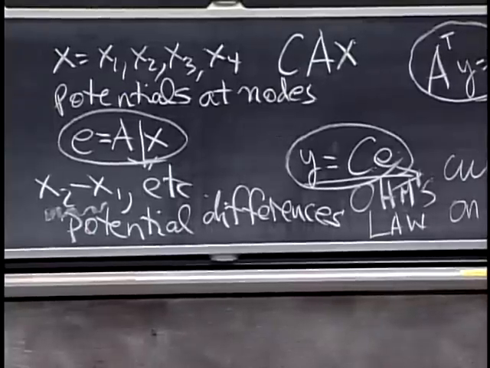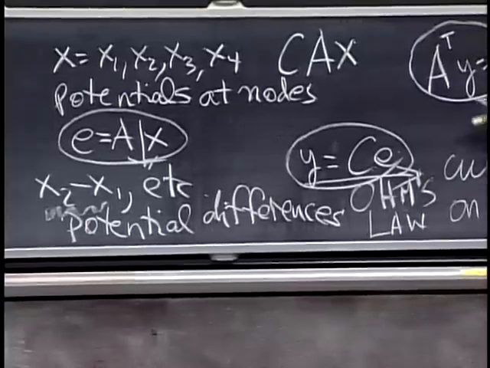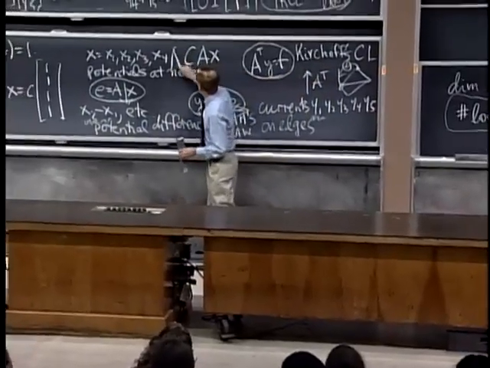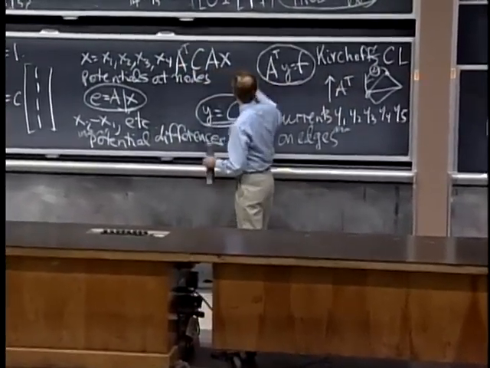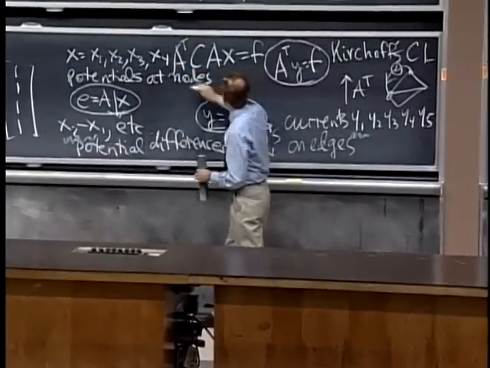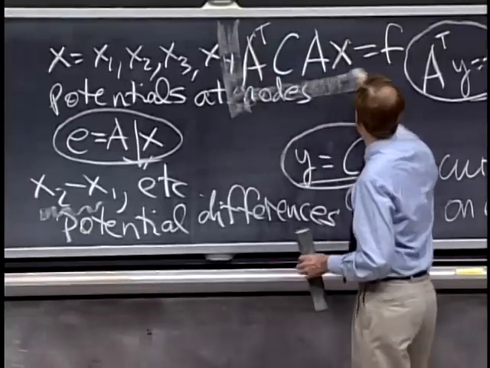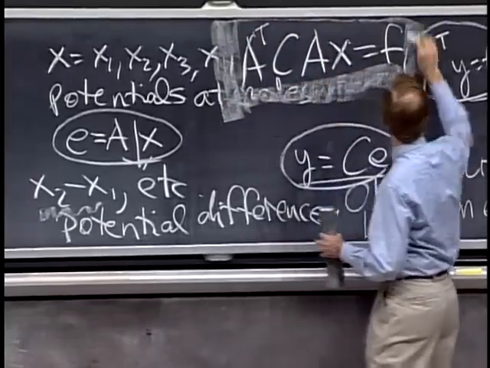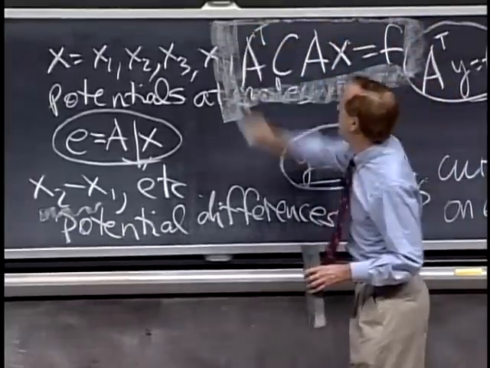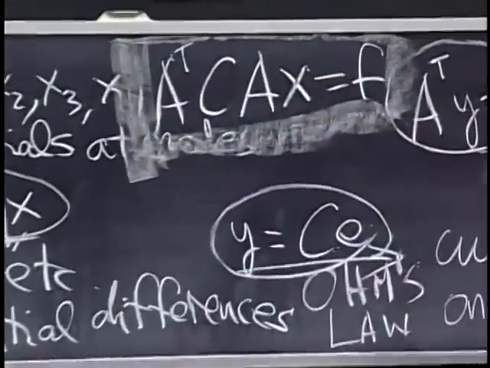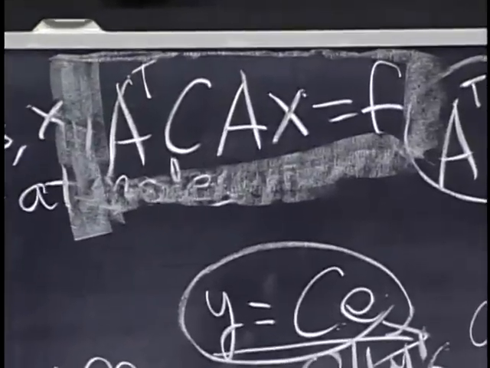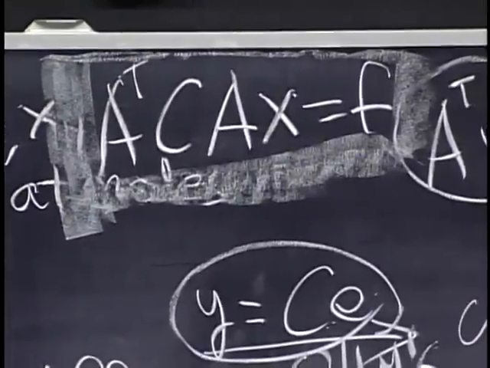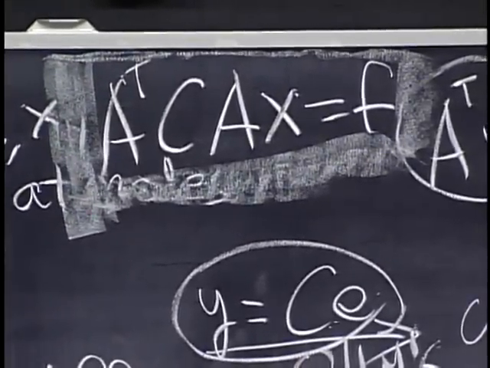Now I have Y. I multiply Y by A transpose. And now I have F. So there's the whole thing. There's the basic equation of applied math, coming from these three steps, in which the last step is this balance equation.